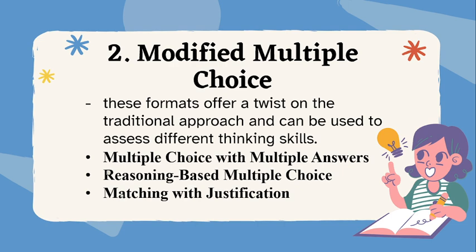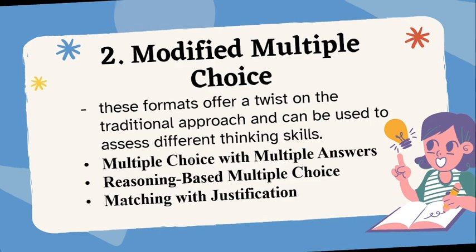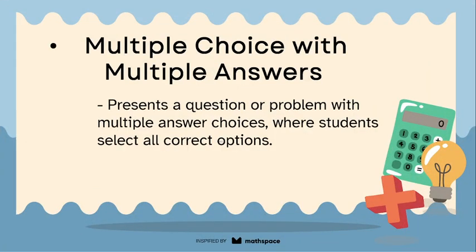These are the multiple choice with multiple answers, reasoning based multiple choice, and matching with justification. When we say multiple choice with multiple answers, it presents a question or problem with multiple answer choices where students select all correct options.